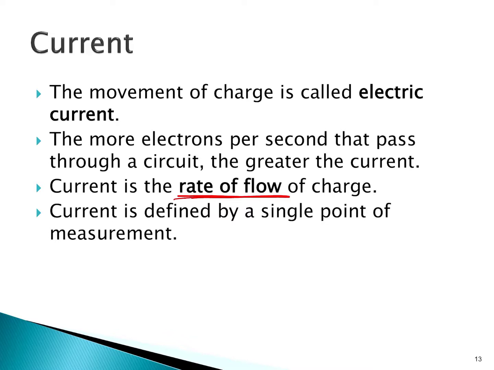And the thing to realize here when you're comparing current to voltage is current is defined by a single point of measurement, whereas voltage is the difference between 2 points. So when we're talking about a single point of measurement, if we think about that water flowing through that pipe, right? So we've got water flow here.